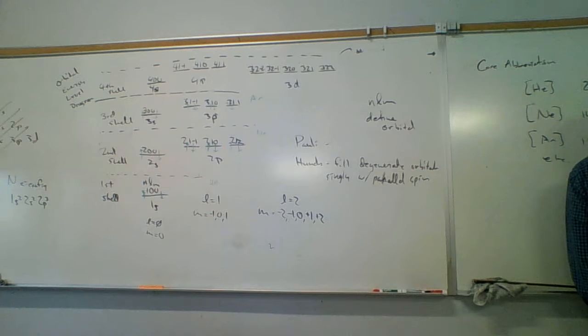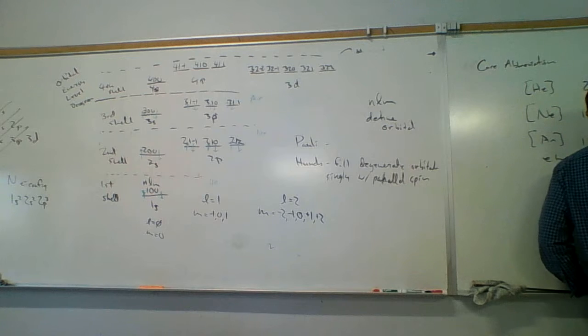It would be 1s2, filling the first period, the first row, 2s2, 2p6, 3s1. And what we can do is abbreviate up to here. If we fill the first row and the second row of the periodic table, we're at neon.